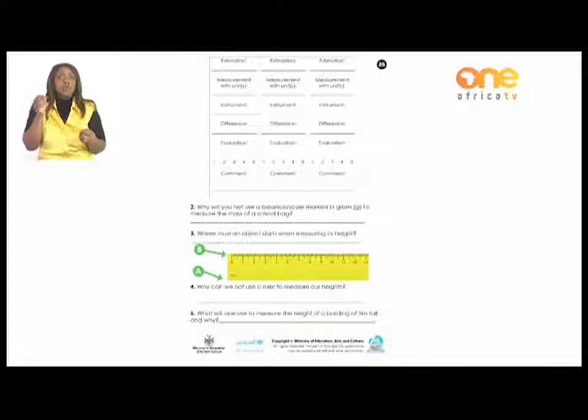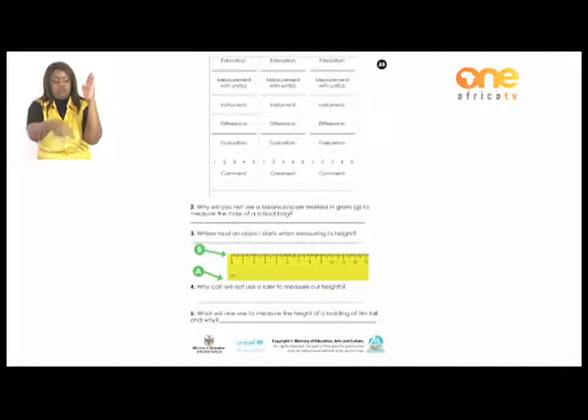Number 3, where must an object start when measuring its height? Where should you place an object on whatever instrument you have to measure? Number 4, why can we not use a ruler to measure our height? Why do we have to use a measuring tape or a meter stick?